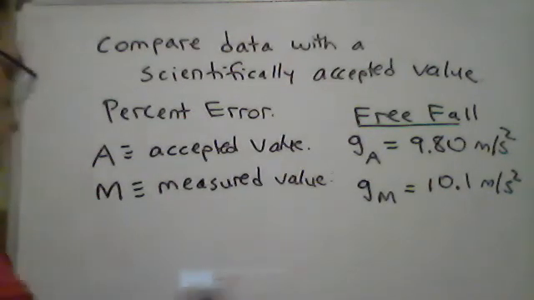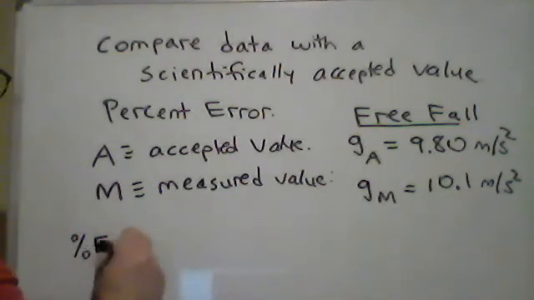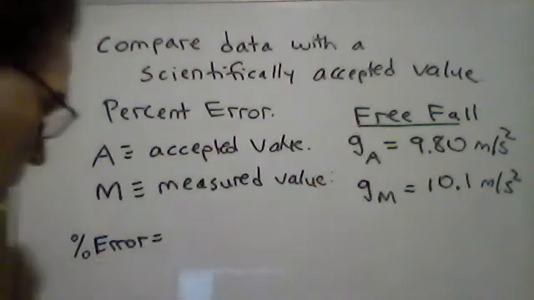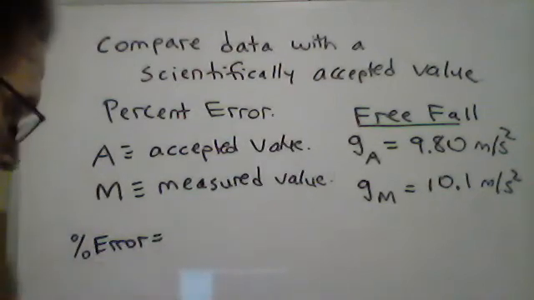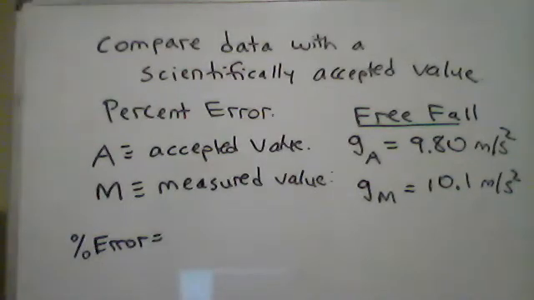Well, I use what's called a percent error. I say percent error is going to be what? Now, I do a little different than what's written here. I actually always use an absolute value.